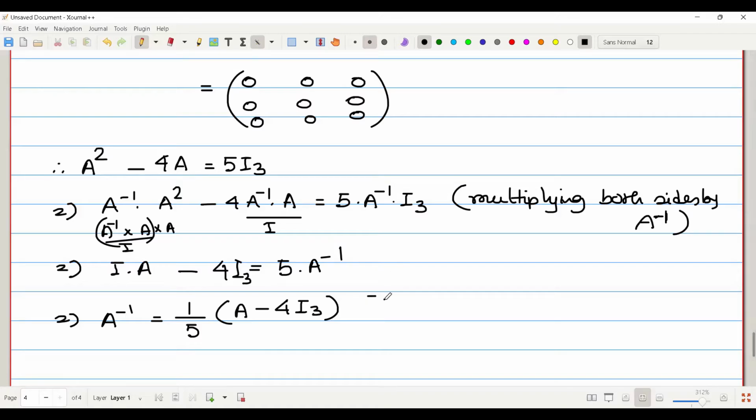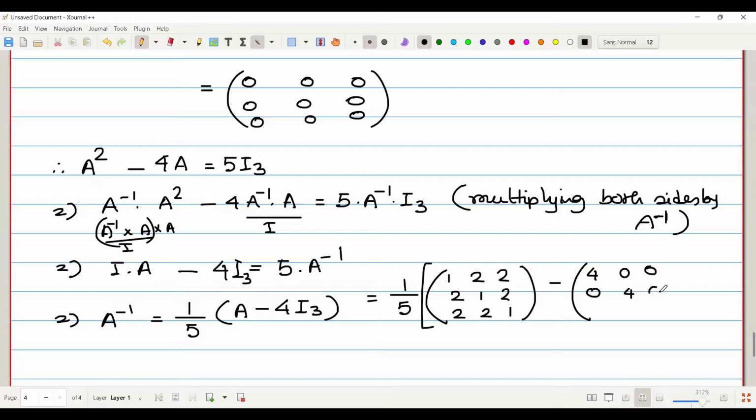So we have the value that is 1 by 5. A is equal to 1, 2, 2, 2, 1, 2, 2, 2, 1. That is our A, minus 4I3, that means 4, 0, 0, 0, 4, 0, 0, 0, 4.